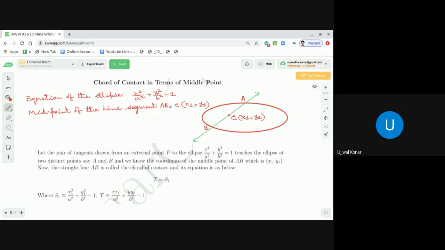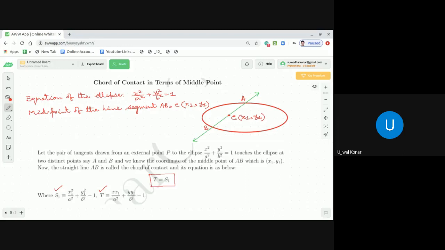Now, the straight line AB is called the chord of contact, and its equation is given as T equal to S1, where T is the value of the expression x1 by a square plus y1 by b square minus 1, and S1 is the value of the expression x1 square by a square plus y1 square by b square minus 1. And the equation of the chord of contact in terms of the middle point is something like this.